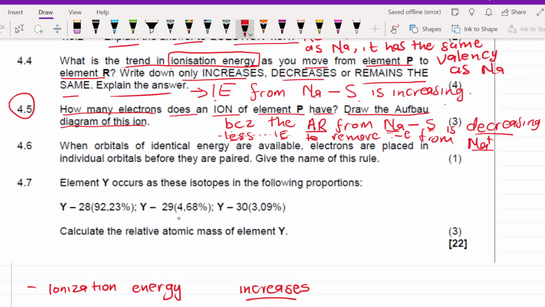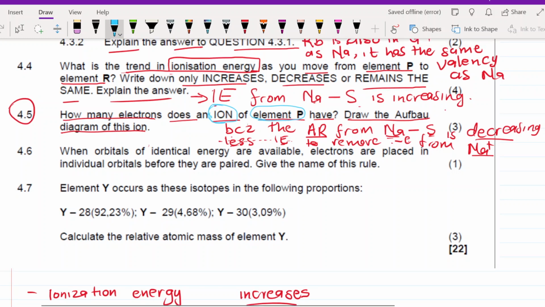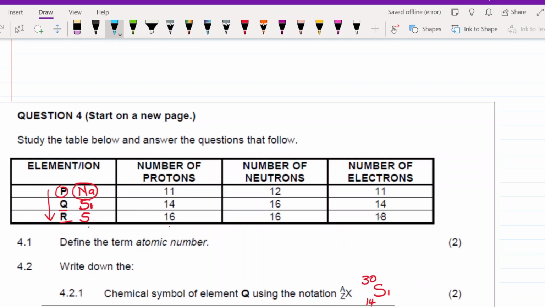Here they ask us how many electrons an ion has. Remember what we said about ions. The ion of element P. Remember what is element P? Go back to the table. Element P is sodium.